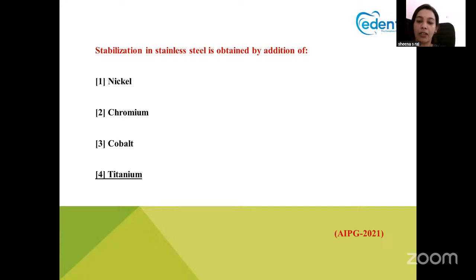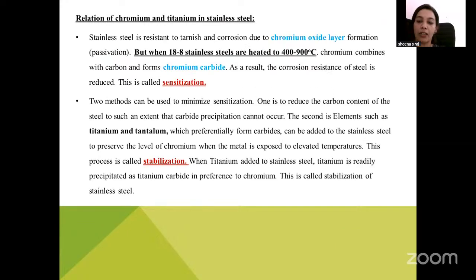The next thing is, when we heat the stainless steel to 400 to 900 degrees Celsius, chromium combines with carbon to form chromium carbide, and the corrosion resistance of steel is reduced in this case. This is called the sensitization procedure.